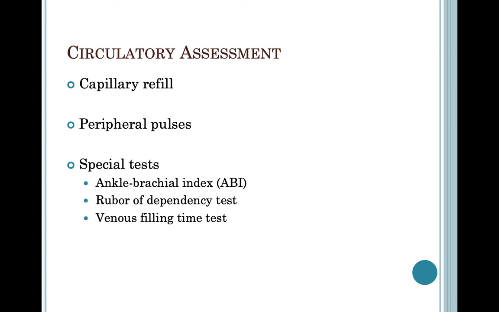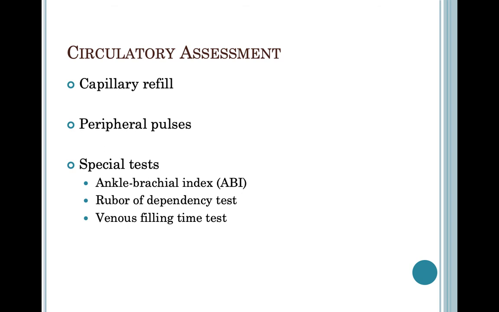If you have good peripheral blood flow, the systolic blood pressure in the arm should be equivalent to the blood pressure in the leg. And so when you create that ratio, it should come out pretty close or equal to 1. In patients that have peripheral vascular disease, where the systolic blood pressure in the leg becomes less than the systolic blood pressure in the arm, when you create the ratio of systolic at the ankle versus systolic at the brachial artery, what you find is that it falls below the level of 1.